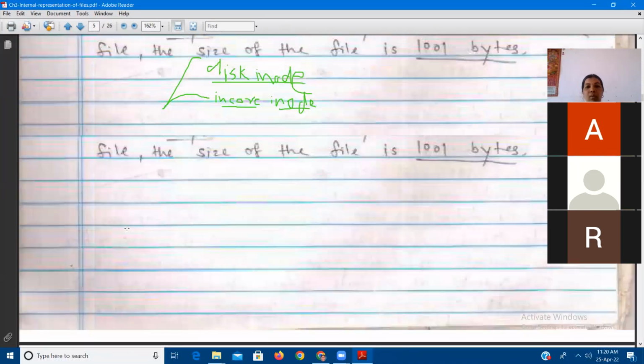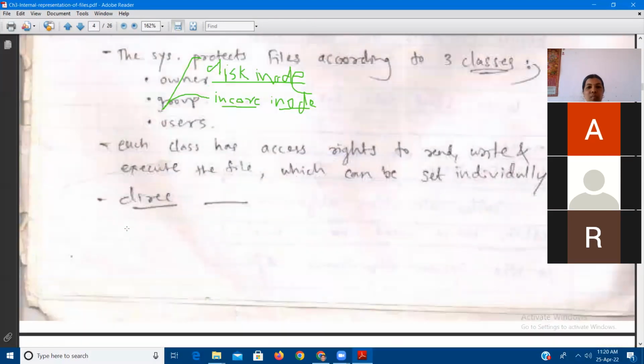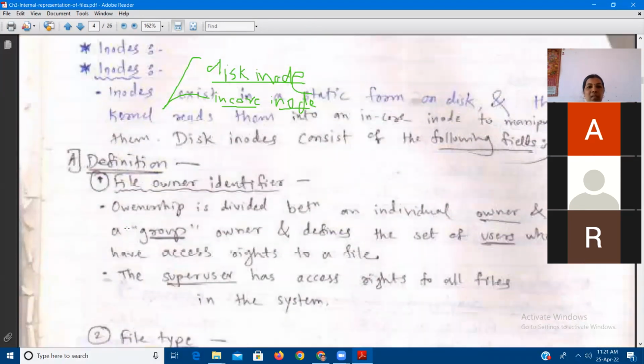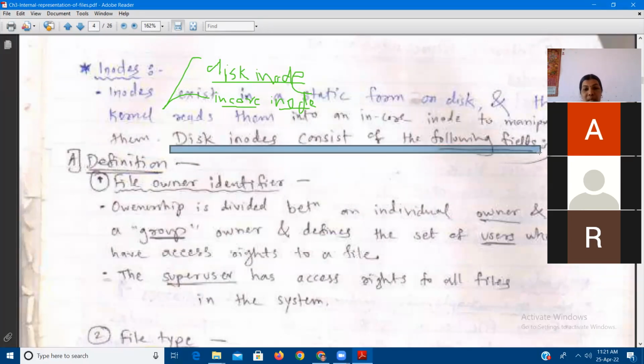So note down all of you the fields. So I have written, I think you have written inodes under that. The fields of disk inode, आपण फक्त disk inode चे fields discuss केलेले आहेत आता. अजून आपण in-core inode ला गेलेलो नाहीये.